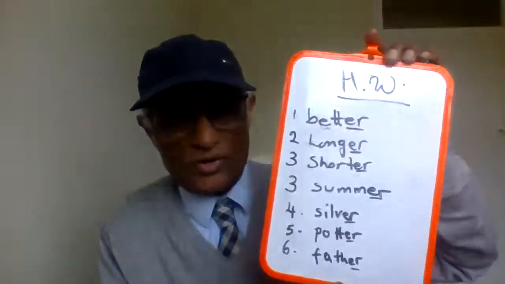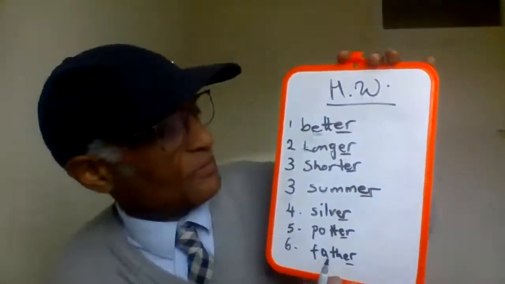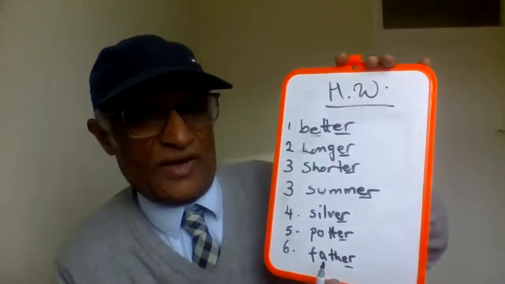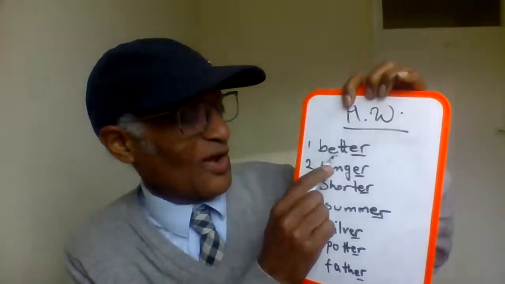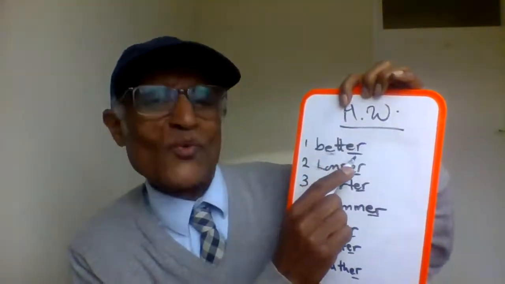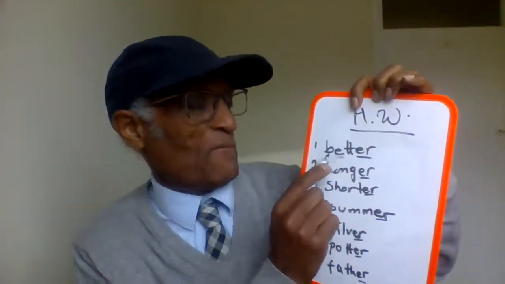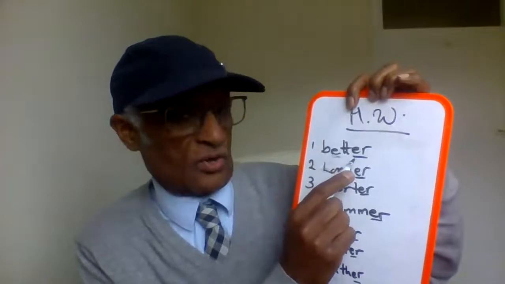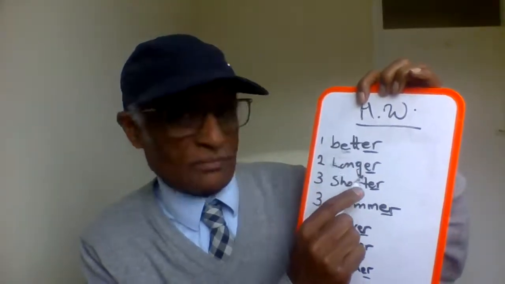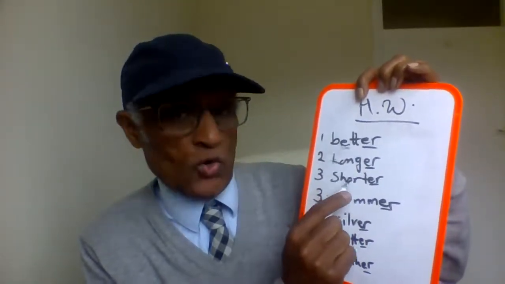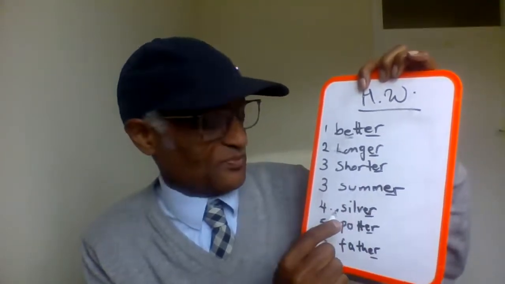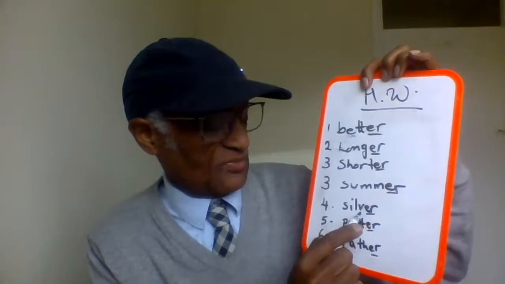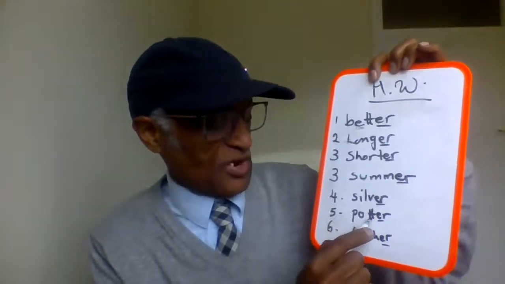Okay, homework. Number 1, better. So the first one is strong and then weak. Better. Longer. Shorter. Summer. Sister. Potter.